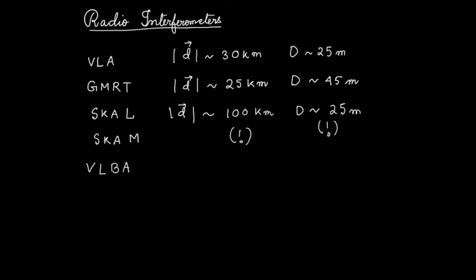It's called the Very Long Baseline Array, and it's really very large because this number is 8500 kilometers. I request you to look at all these interferometers. There are many, so search the internet for them.